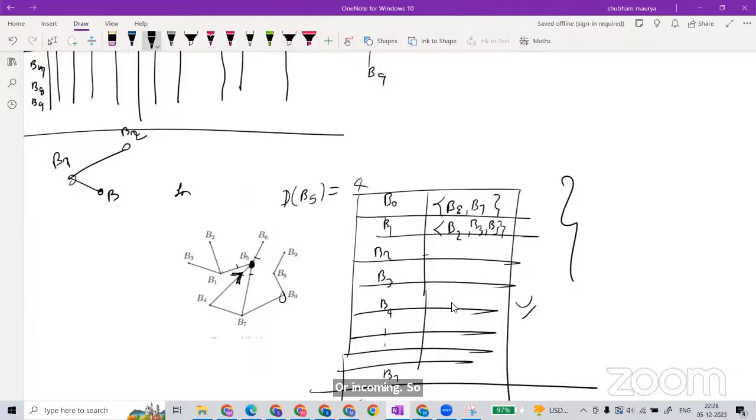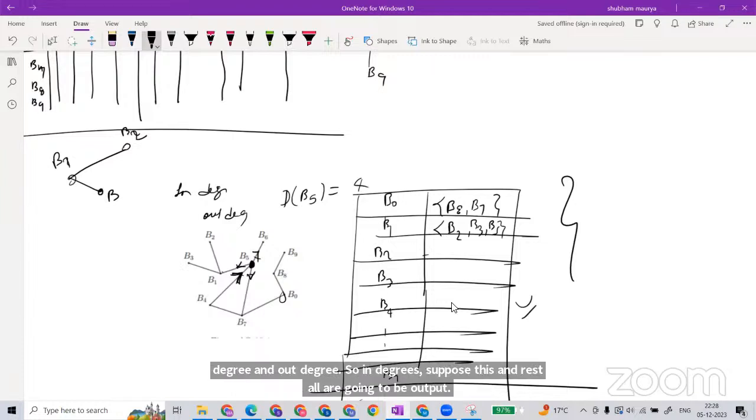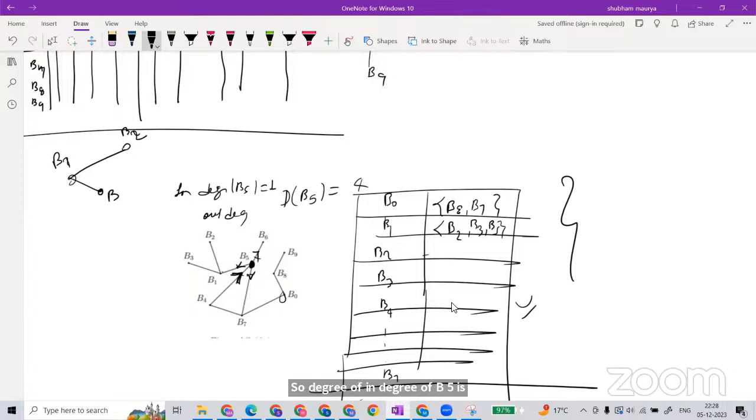Suppose this is the in degree and the rest are all going to be out. So the in degree of B5 is 1, but the out degree is 3. Is this clear?